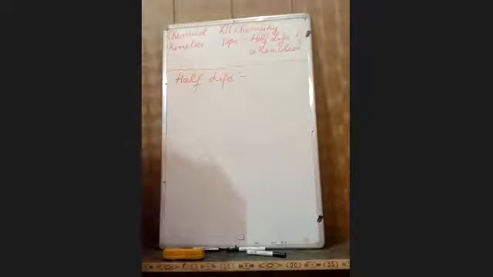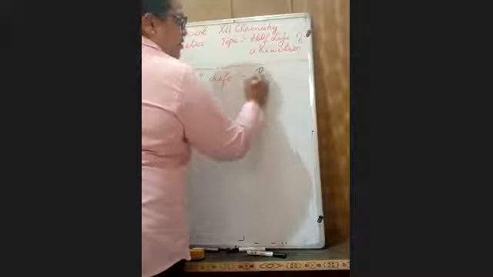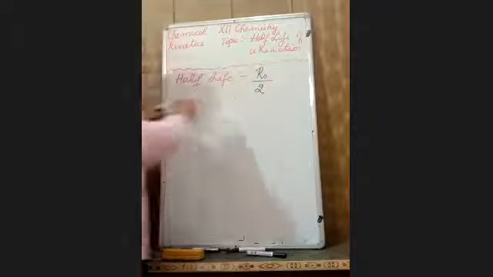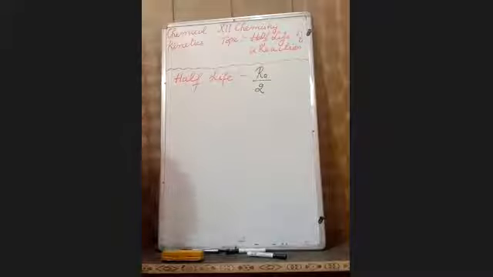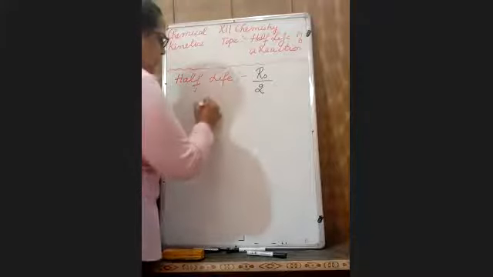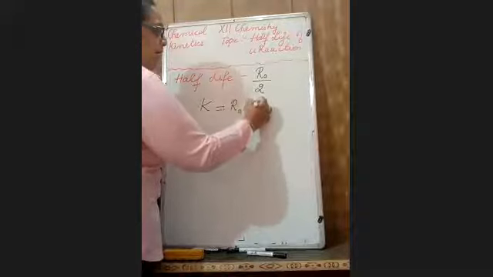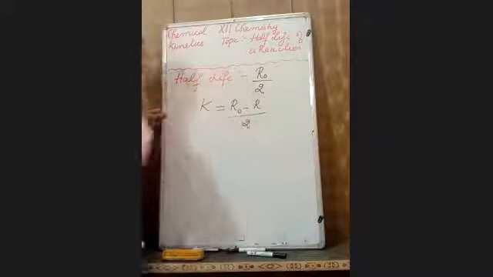It means that 50% of the reaction is complete, or your initial reactant concentration decreases to half or 50%. It will be R naught by 2. What is the rate constant for zero order? You know K is equal to R naught minus R over T.